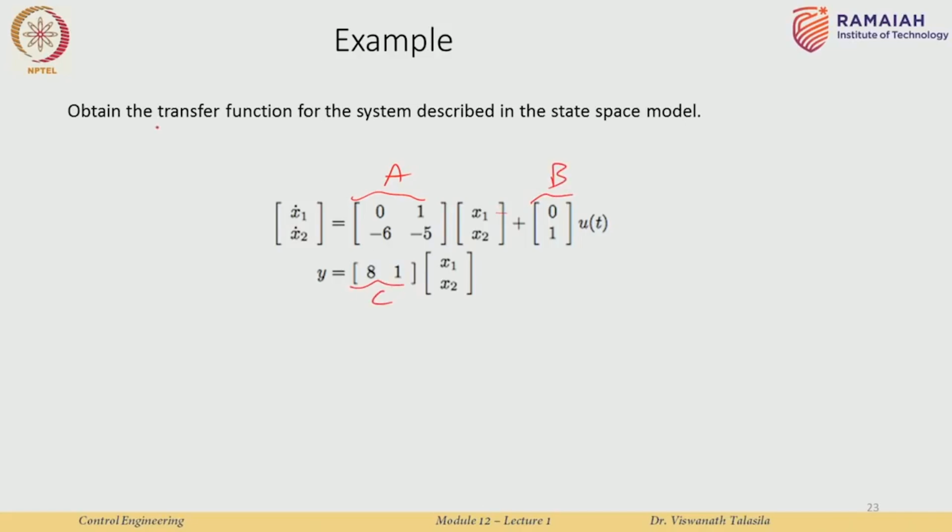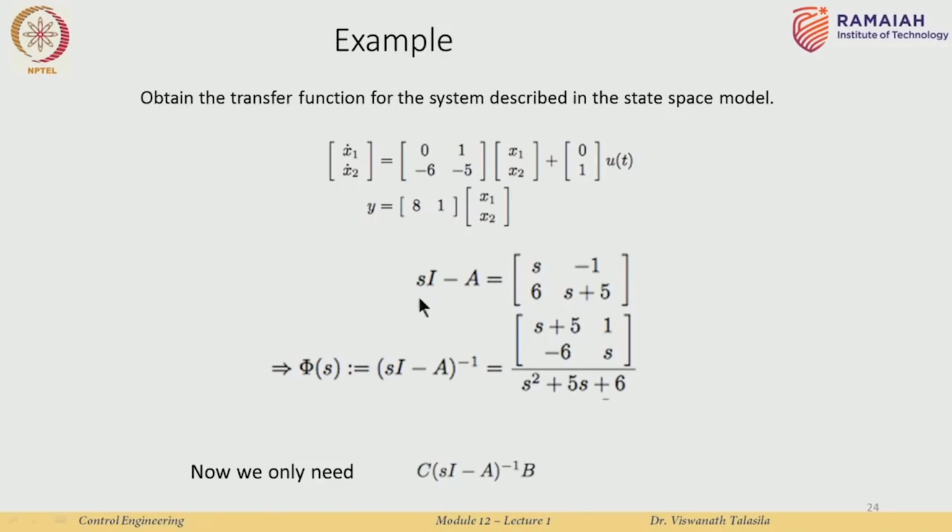The objective here is to compute the transfer function given this state space model, and it is given by the expression we have just derived. So, all we need to do is to plug in all these terms. Let me write down the expression again here: G of s equal to C (sI minus A) inverse B plus D.